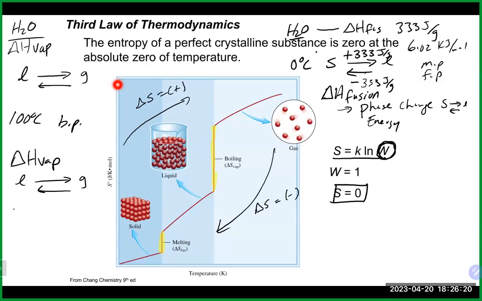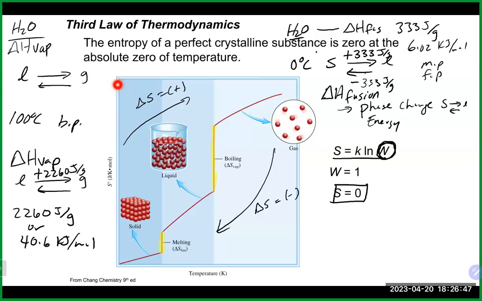Roughly for water, about 2260 joules per gram, or 40.6 kilojoules per mole. I could be just making these numbers up, but they're about close. And it's the same idea as we go from liquid to gas. That's going to be an endothermic process, which means you would need to put in a positive 2260 in terms of water.